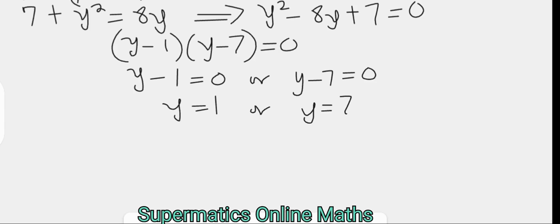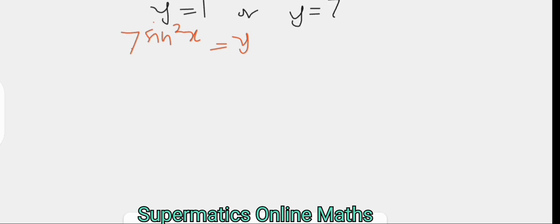Now that the values of y are known, we can go back to the transformation we made earlier, where we said 7 to the power of sine square x should be y. Now we'll be considering the two situations, which are when y is 1 and when y is 7.